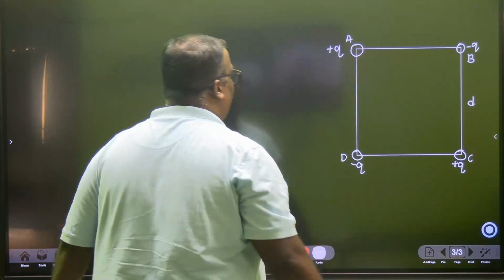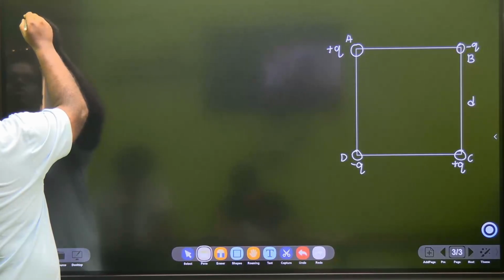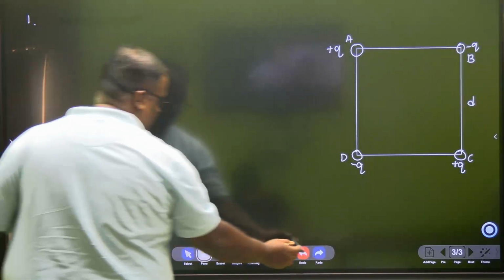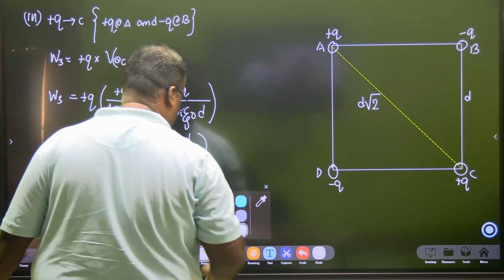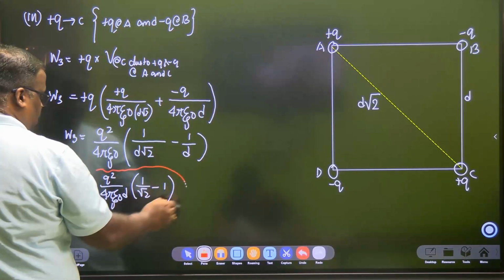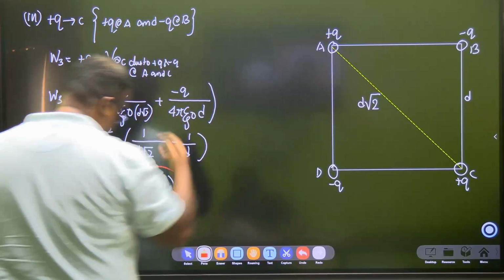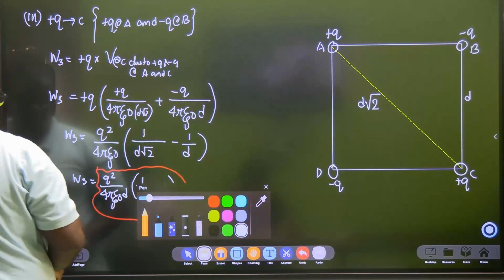This is D. So this is our fourth scenario. And let us also keep this marked, which we had just calculated. This will also be needed by us. And we're going to find out our fourth charge now. Let's find out our fourth.